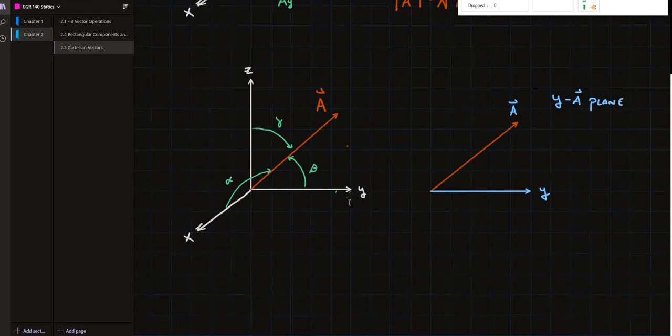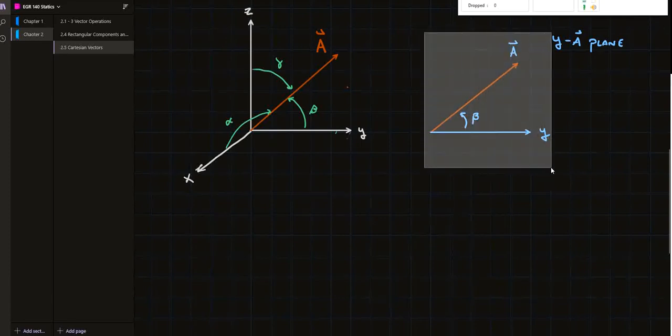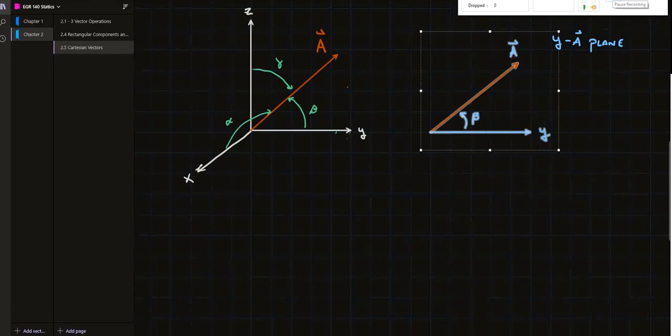It's at a weird angle here, canted at an angle, and the angle we're talking about when we talk about beta is this angle. And of course, the same thing is true if we go ahead and create the z-A plane and the x-A plane.